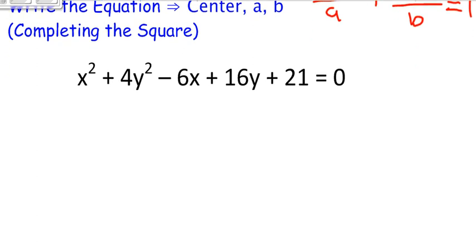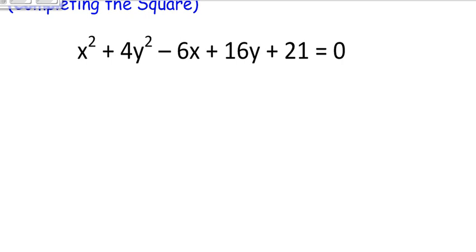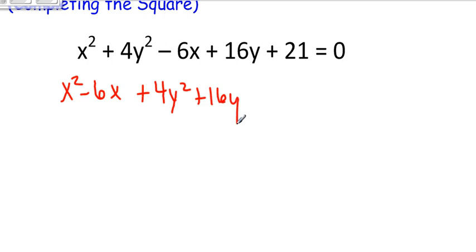So we're going to complete the square here just like we did with our circle. So we're going to have x squared minus 6x plus 4y squared plus 16y equals negative 21 because we're moving the 21 to the right side.